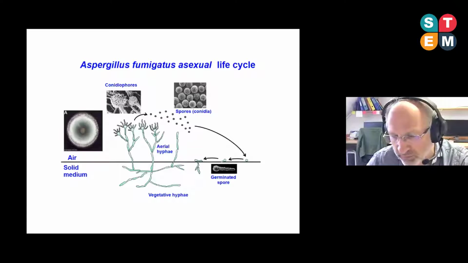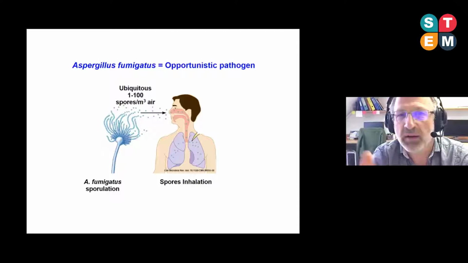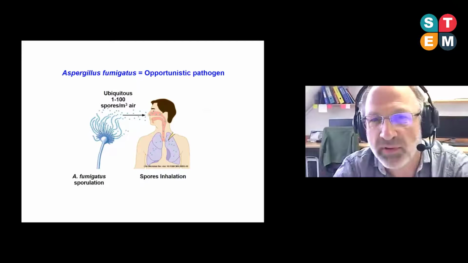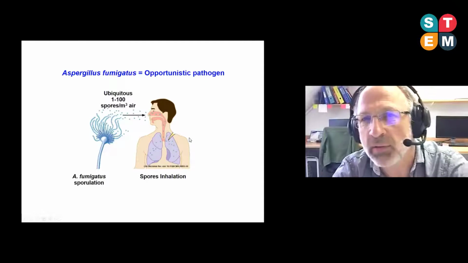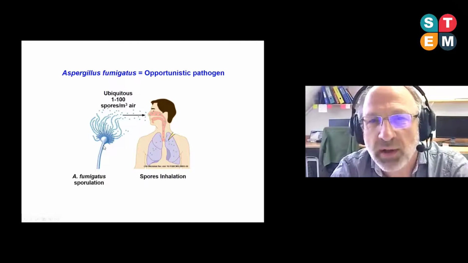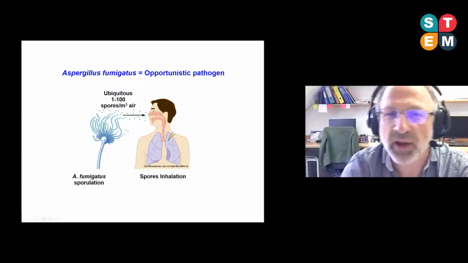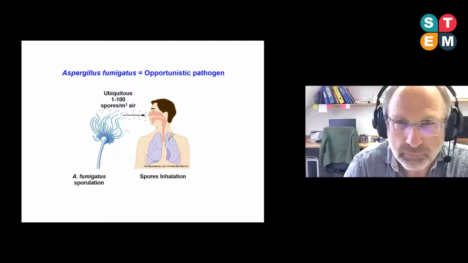Because spores are found in the air every day, people inhale them, and they can be found in the lungs. Depending on the immune status of the patient, Aspergillus fumigatus is responsible for several types of disease.